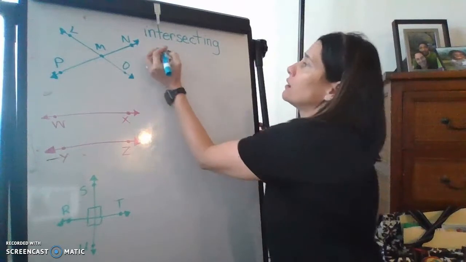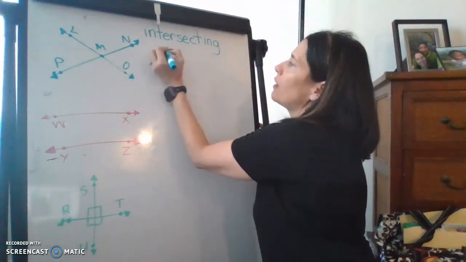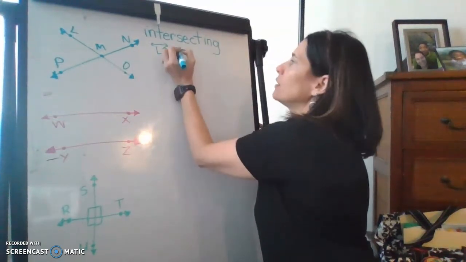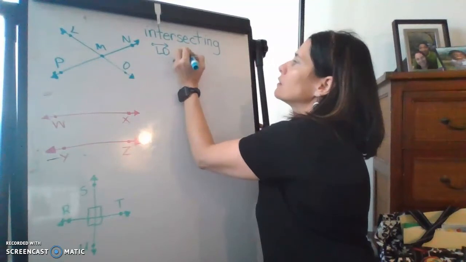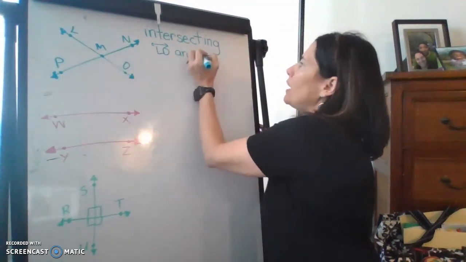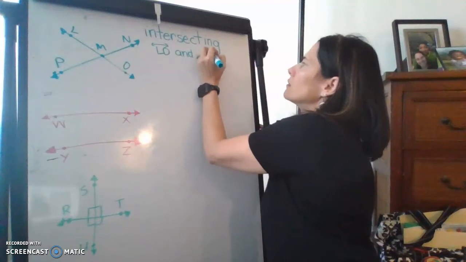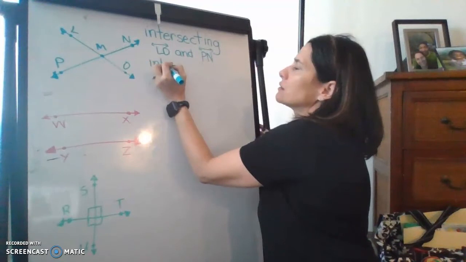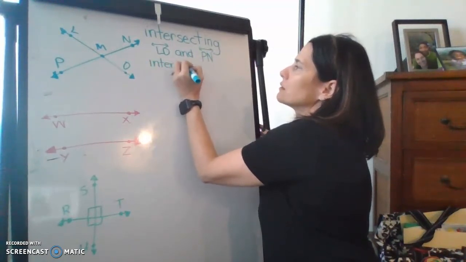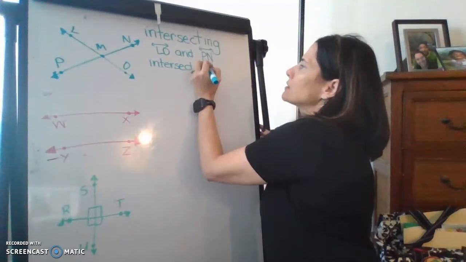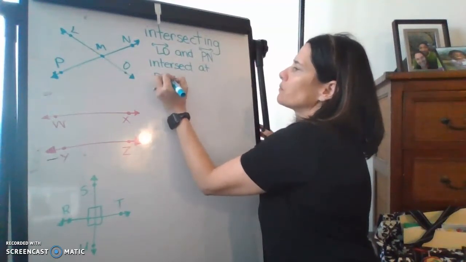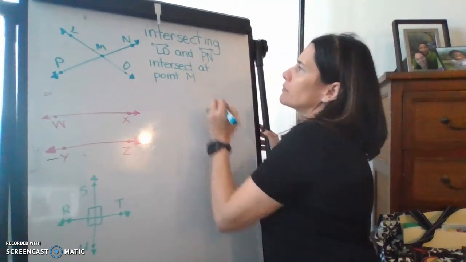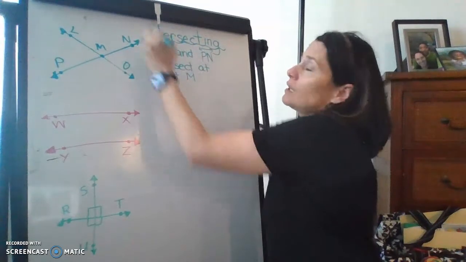We're going to say line LO, and we put our label on top of it, and line PN, with my line on top of it, intersect at point M. So that is how we write intersecting lines.